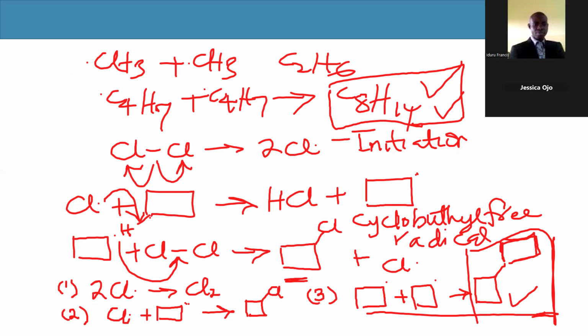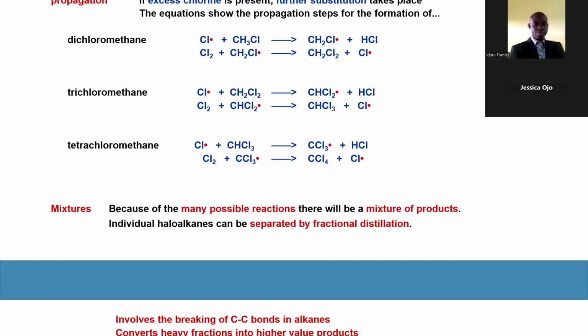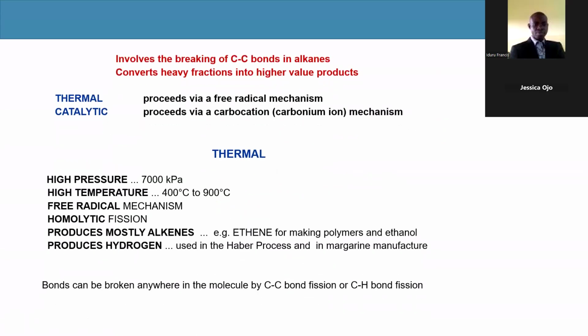Yes, sir. Okay, so let's look at the next question. All right, so let's assume that we are done with that. So we go into the third reaction of alkane.